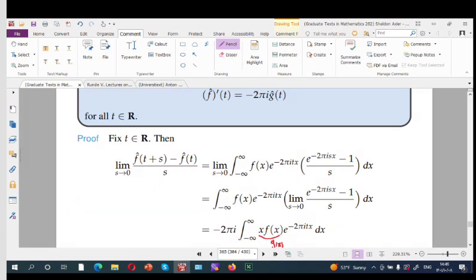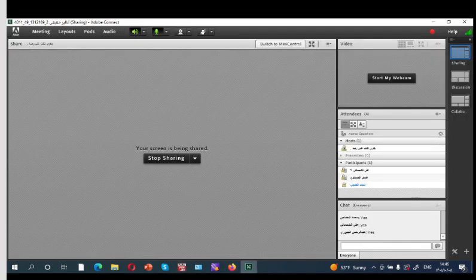Please read the dominated convergence theorem. We explained this theorem in Real Analysis 1. All of this is less than this, and this is an integrable function, so we can replace limit and integral. I think it is enough for this session.